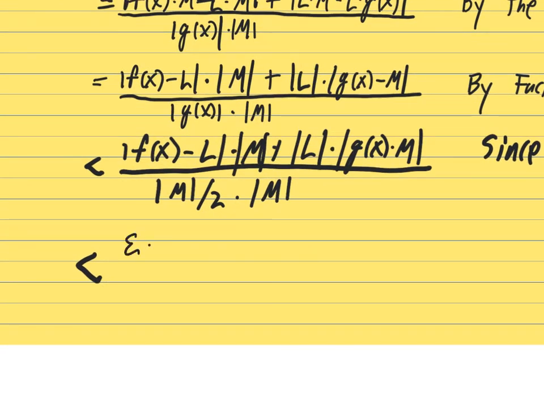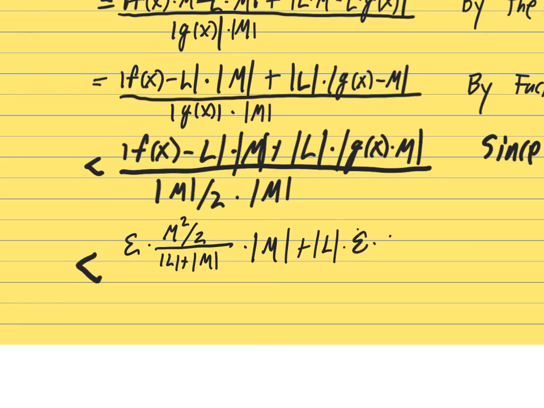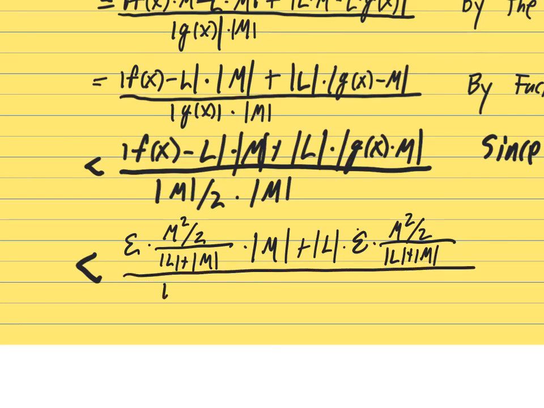Epsilon times m squared over 2 divided by absolute L plus absolute m times absolute m plus absolute L times epsilon times m squared over 2 all over absolute L plus absolute m. The denominator I'll just simplify. Absolute value, m squared over 2.